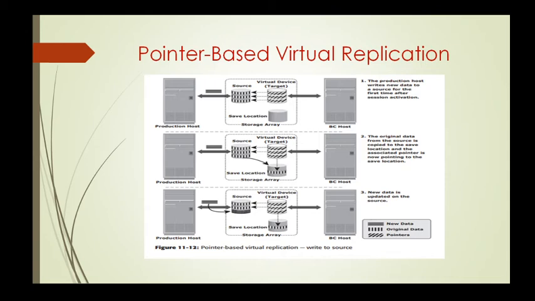In step 2, the original data from the source is copied to the save location, and the associated pointer is now pointing to the save location. So you can see the data from the source is copied to the saved location, and the associated pointer is the new pointer to the save location.